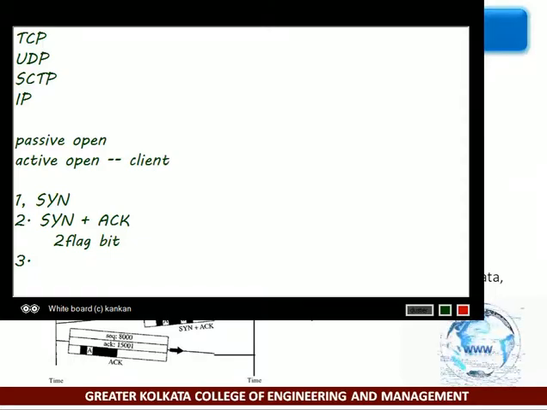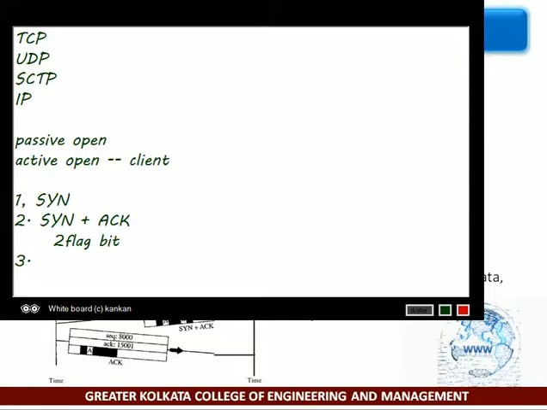Note that the sequence number in this segment is the same as the one in the SYN segment. The ACK segment, carrying no data, consumes no sequence number.